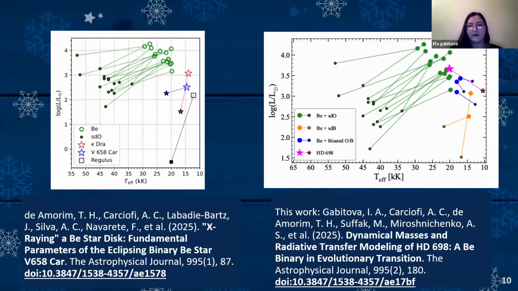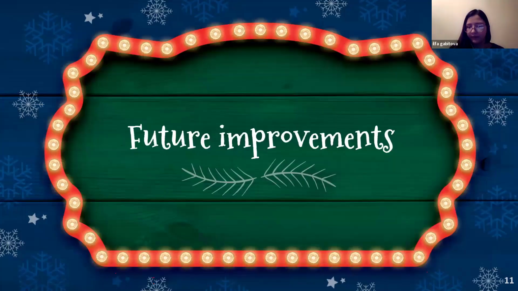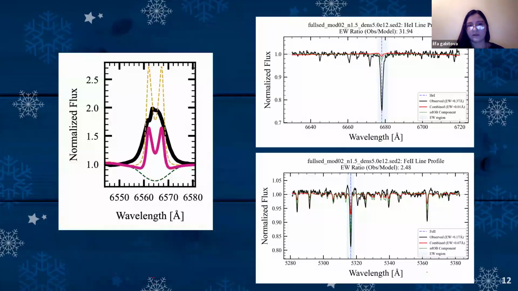The evolutionary status of this system is still an open question, and it sort of boils down to the problem of chemical abundance analysis that we plan to do in the future.